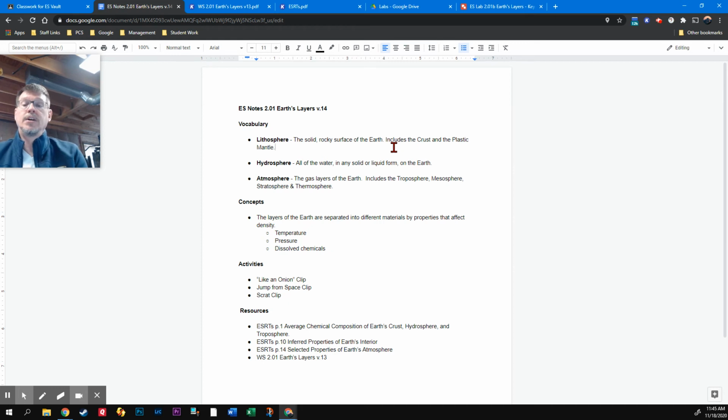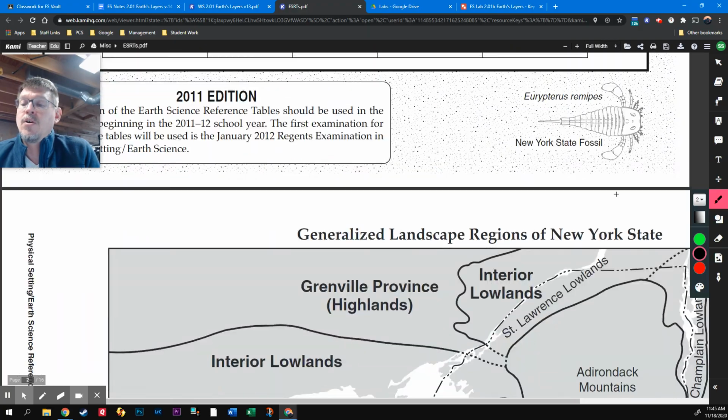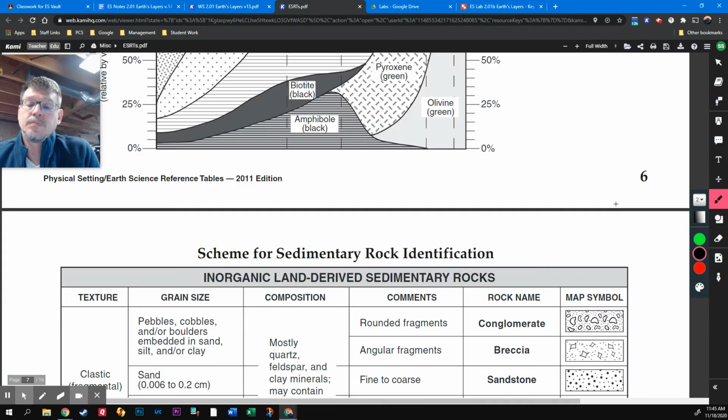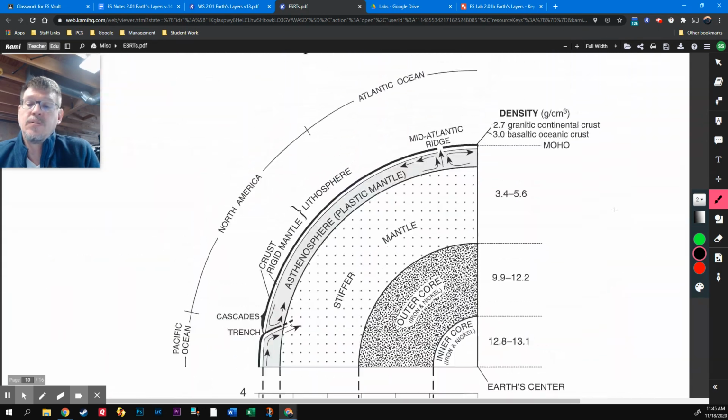A little correction there in our notes. Let's see where that definition is coming from. Let's go to the ESRTs, page 10. There it is. It shouldn't be the plastic mantle, it should be the rigid mantle. So we're going to change that in the notes.